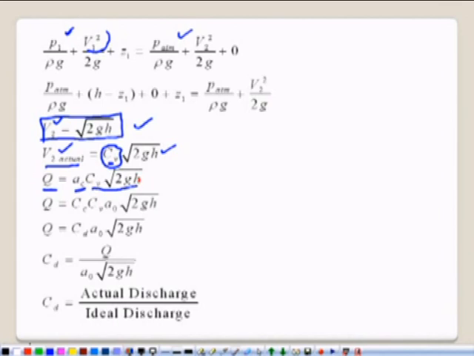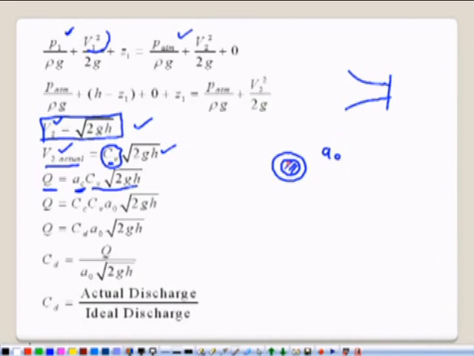Okay. Now we don't know what the area at the vena contracta is. So what is the relationship between the area at the vena contracta and the area of the orifice? Suppose this is the orifice area, which is equal to A naught, equal to pi by 4 d square naturally. But at the vena contracta, because of the inertial effects, the area is a little less than the orifice area, right.